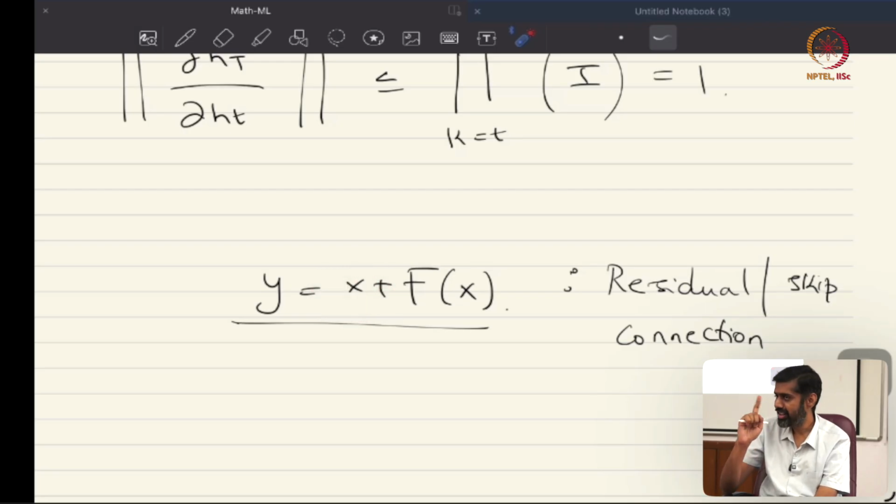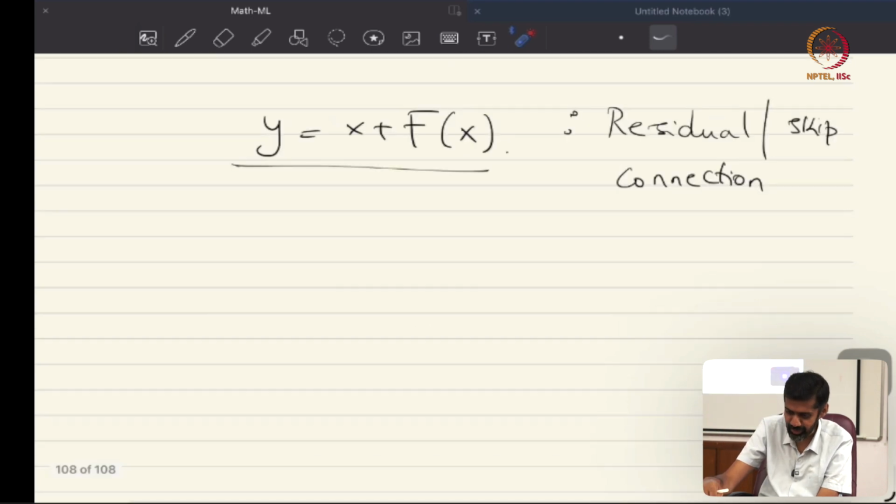Please note that the identity we are talking about in a recurrent architecture is through time, not through space. But in a ResNet, the identity is through space, not through time. Let me tell you what I mean.